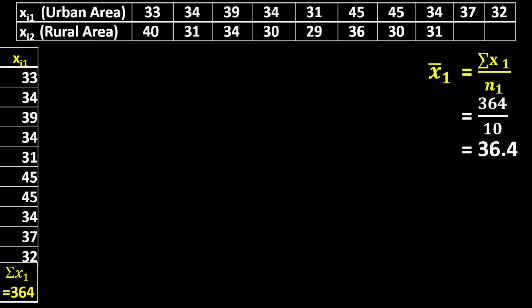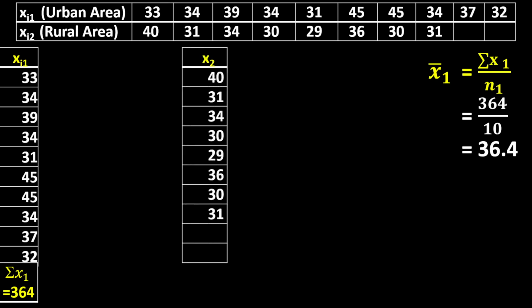In the same way, we will find the mean of the scores of rural area. For that, their scores are written here in a column, and the sum of the scores is found, that is sigma x2, that comes to 261.